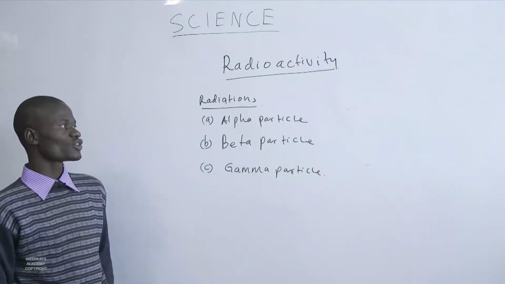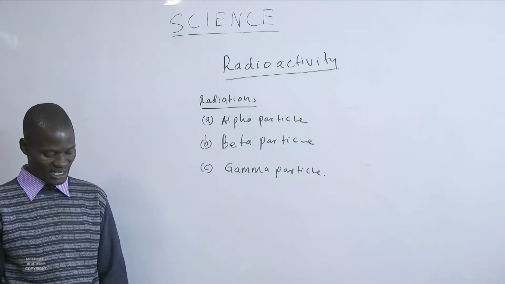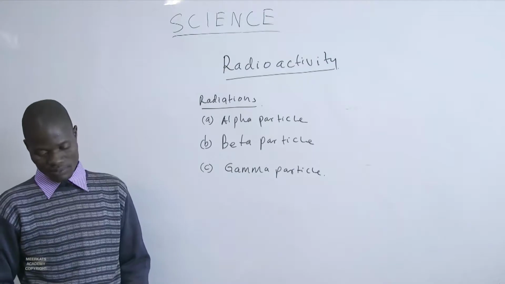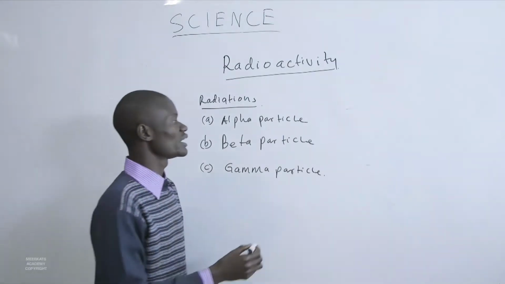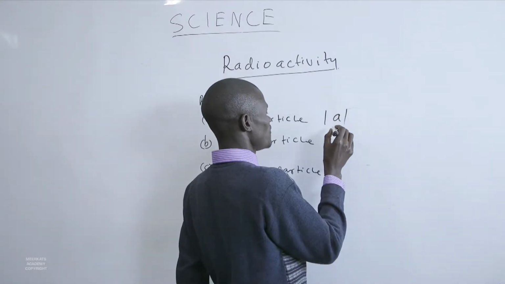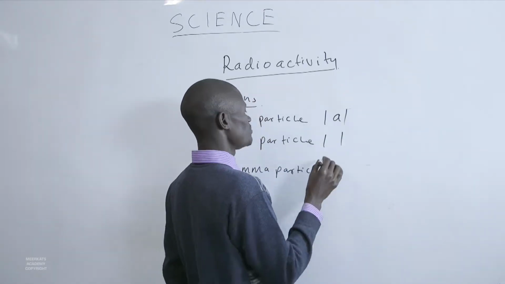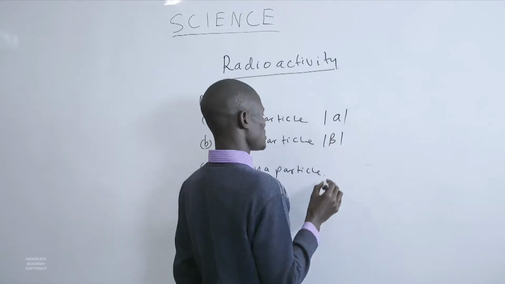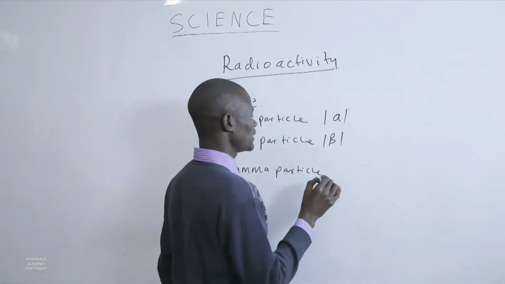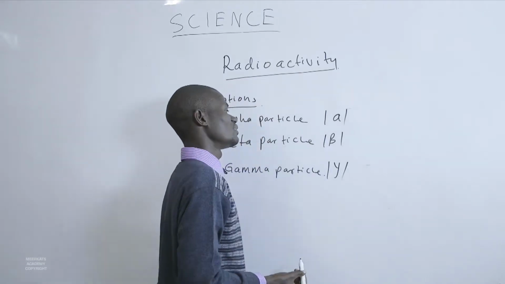And then when we translate it into radioactive decay, the alpha particle is denoted in chemical notation by the first letter, and then the beta particle is given this denotation, and the gamma particle is given this one.